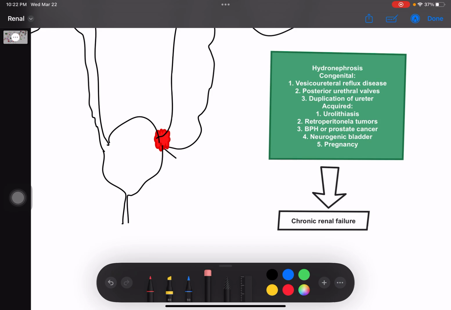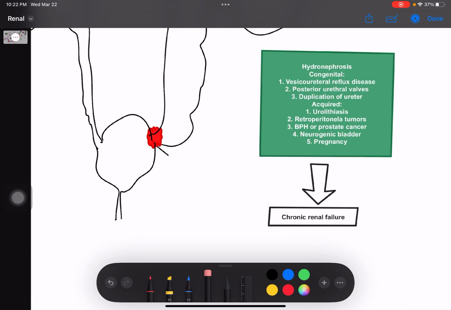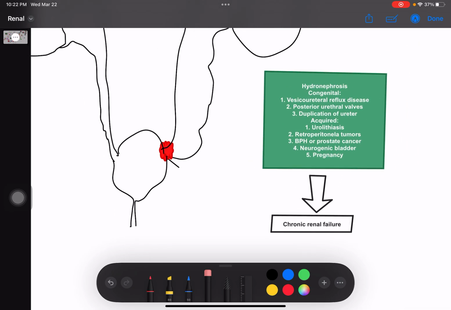Acquired include urolithiasis. Those are stones of the ureters. And there's retroperitoneal tumors that can push the ureters and cause the obstruction. There's benign prostatic hyperplasia or prostate cancer, also causing obstruction, and neurogenic bladder, which is characteristic for diabetic patients, and pregnancy. Anything that can obstruct the ureters, right?